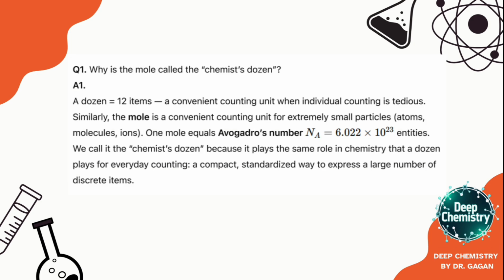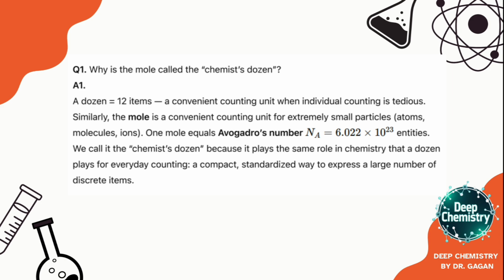Why is mole called the chemist dozen? Alright, imagine you have a dozen apples. That's 12 apples, right? Now, in chemistry, counting atoms or molecules one by one is impossible because they are unimaginably tiny. So, chemists decided to use a convenient counting unit, the mole. 1 mole equals 6.022 × 10^23 particles, known as Avogadro's number.